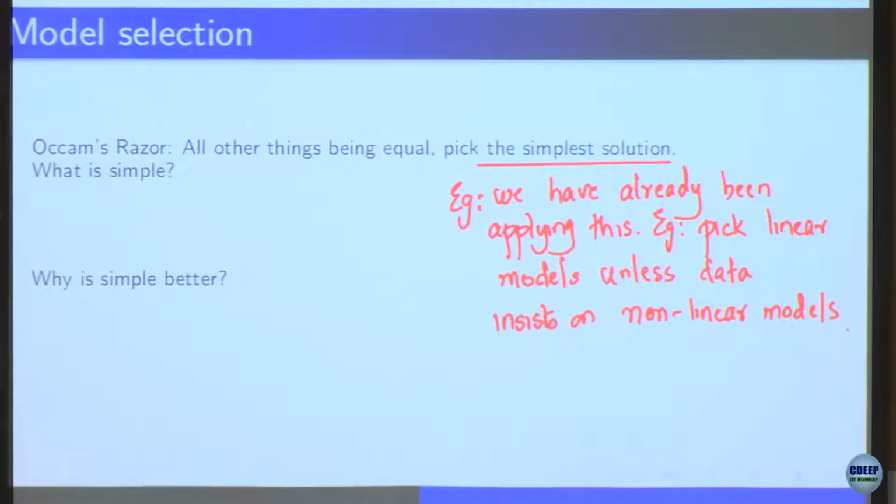So why is simpler better? Can you give me some reasons why you come to your class not by going around the hillside, but take the shortest path, right? So you want to save time. So here in terms of machine learning, you want to save both the training time and inference time, right?